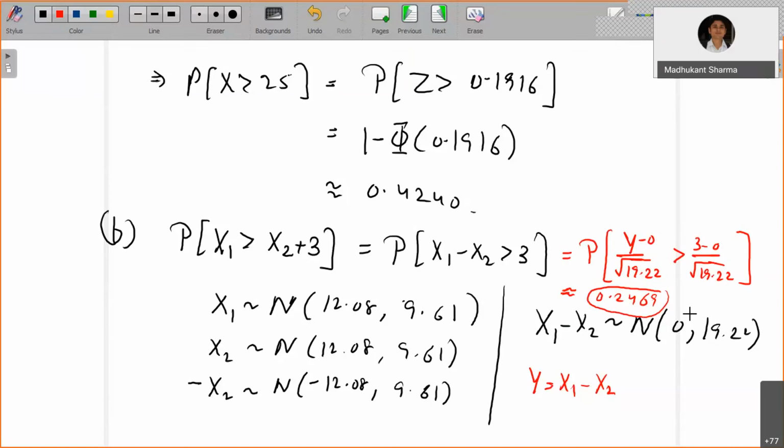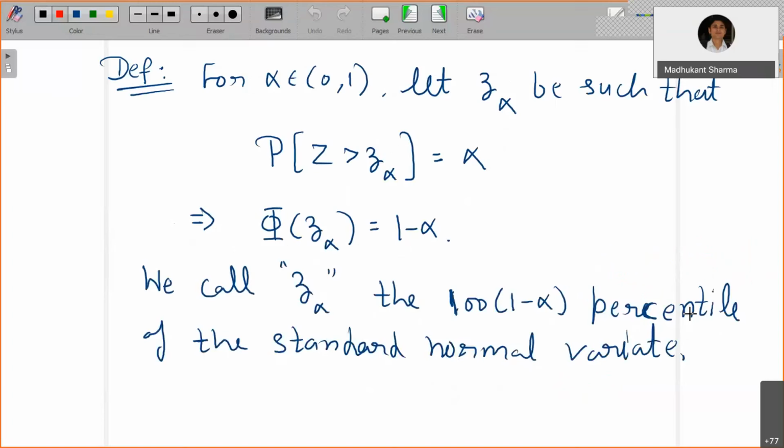Okay, right. So now what we are going to define is a percentile of the standard normal variate, which is defined as follows.